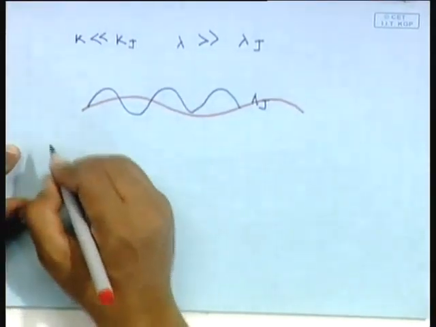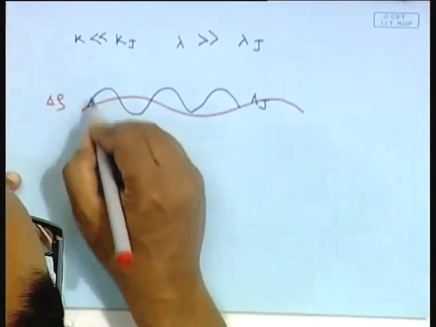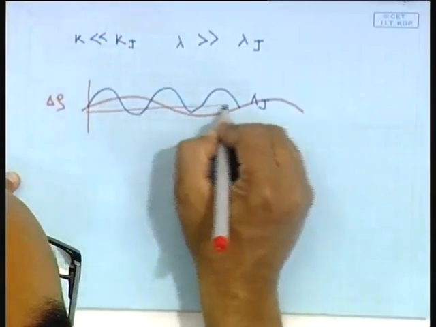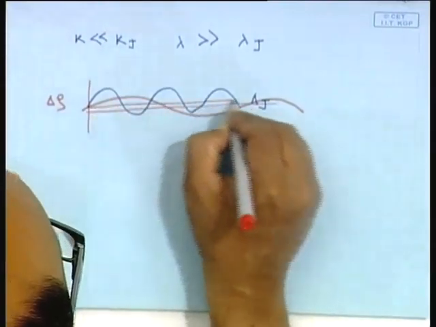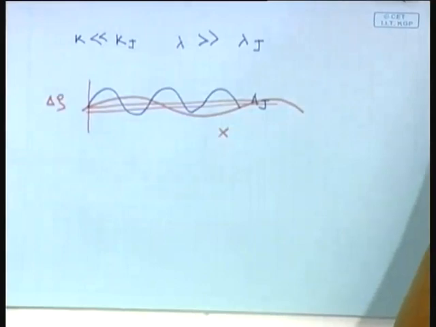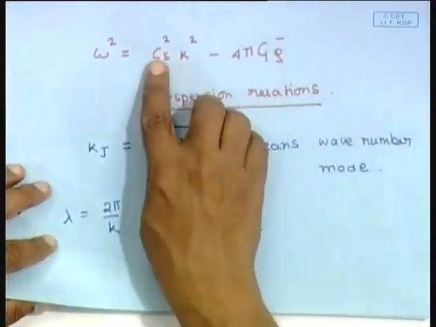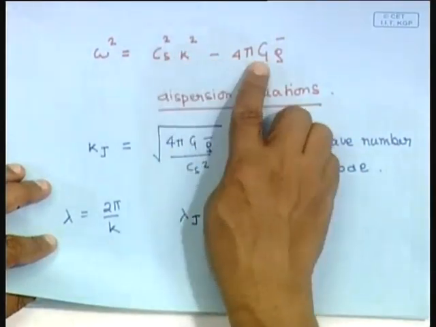So I am plotting delta rho as a function of x, and these are fluctuations which are much larger in length scale. Now here, let us go back to our dispersion relation. Here, you can ignore this term. k is extremely small compared to this.